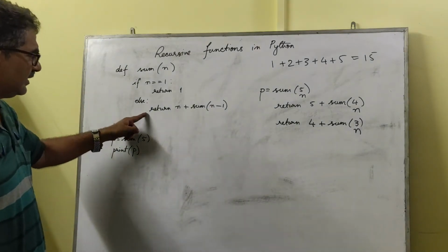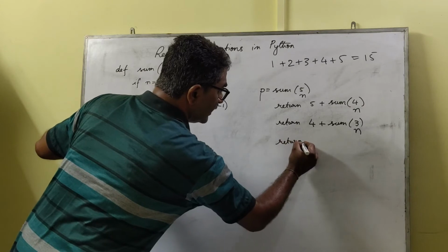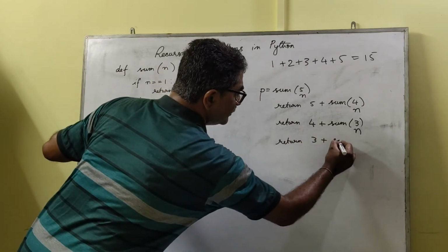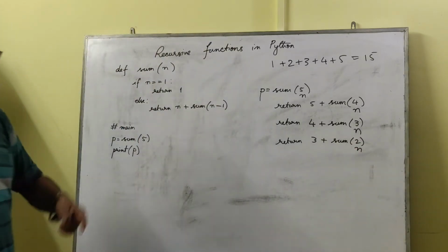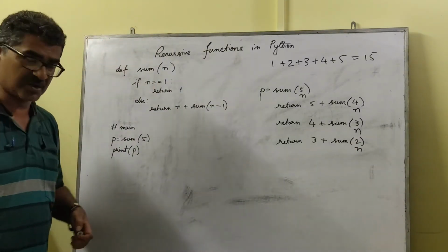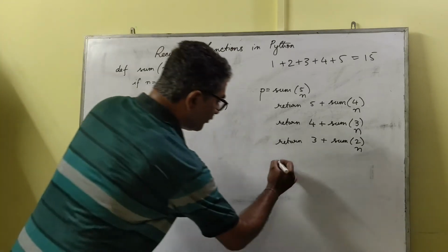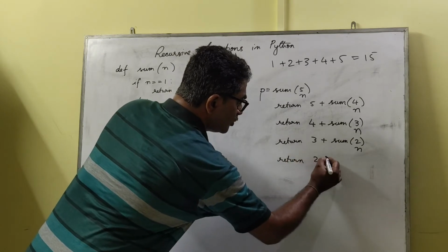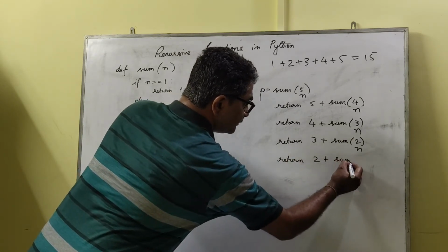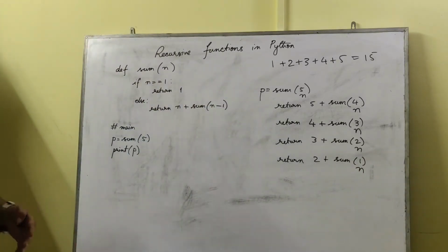And here once again it's going to return 3 plus sum 2. And this is the new value of n, which has nothing to do with the previous values of n. It is occupying a separate memory location. This again in the meanwhile is going to return 2 plus sum 1. And now you see a unique thing happens.